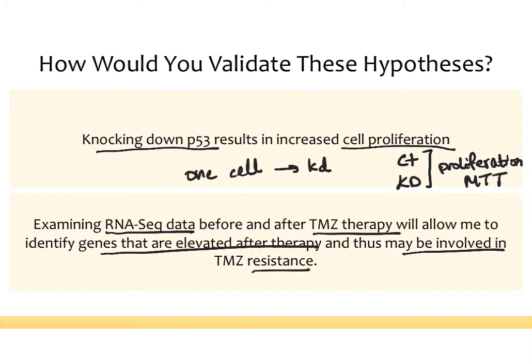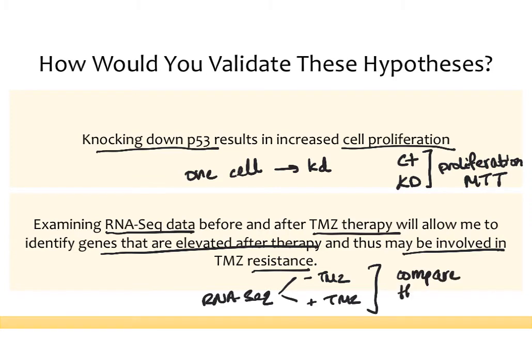And so this is much, much more involved, but this hypothesis really points you very directly to the experiment you're going to do. So in this case, you would take an RNA-seq experiment and set it up. And so you would do before and after TMZ, so no TMZ and with TMZ. And you would compare the results and see what genes come up. And that would be your simple validation.